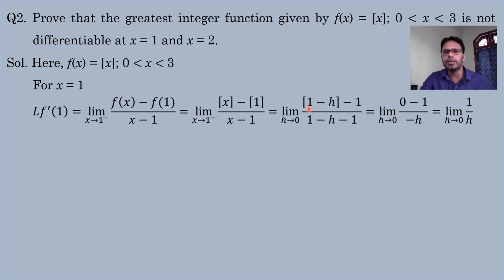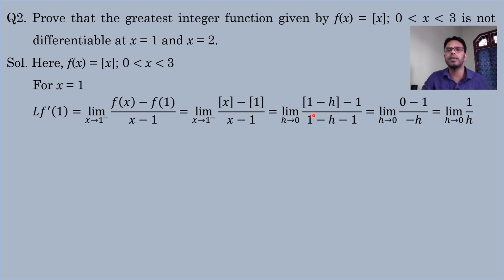But you observe here, as discussed in the previous chapter, the greatest integer of 1 minus h, where h is a very small number like 0.00001. So 1 minus 0.00001 is actually 0.99999, and the greatest integer of 0.99999 is simply equal to 0. You should take the integer part, so it is 0.